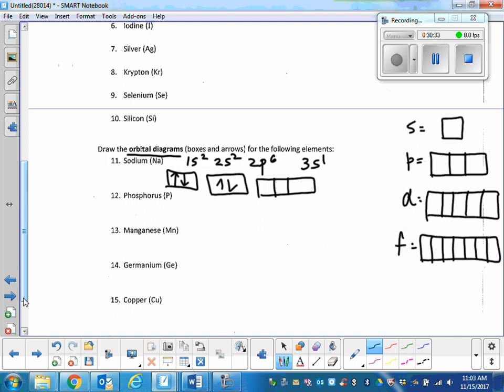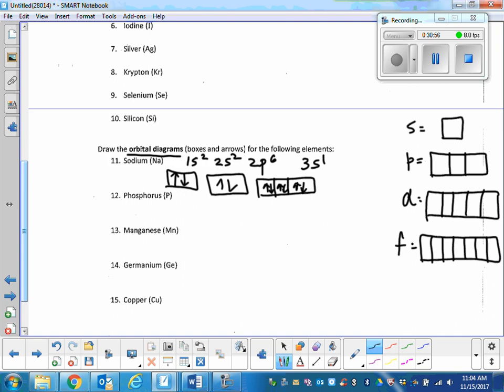3. Now here is something my kids should know. When you fill in the boxes, it's completely full, it's okay. But sometimes it can be half filled. How do you fill? One in each box, and then you start doubling up. It is a rule that's known as Hund's rule.